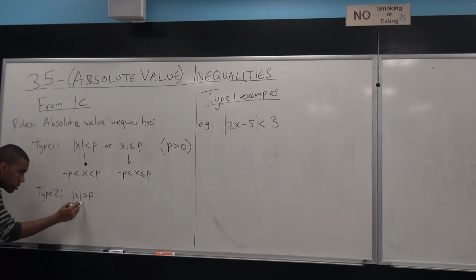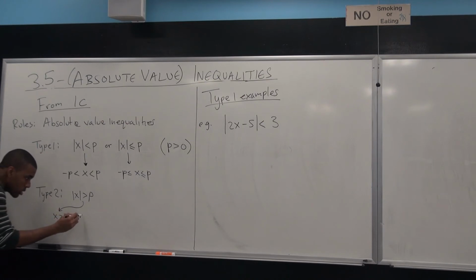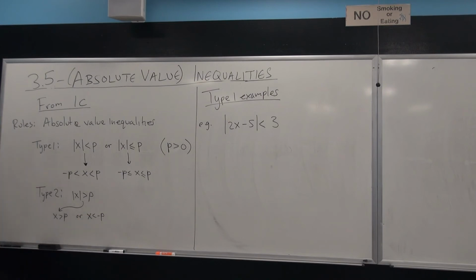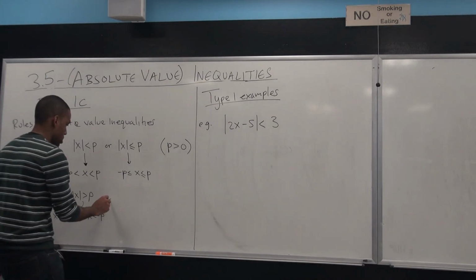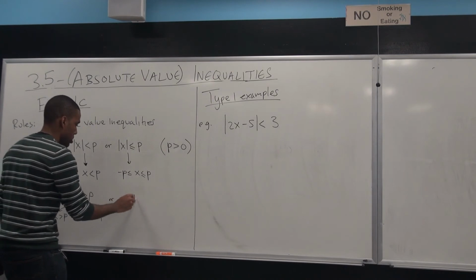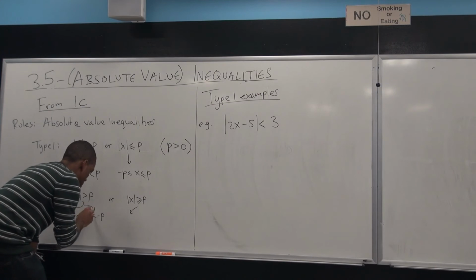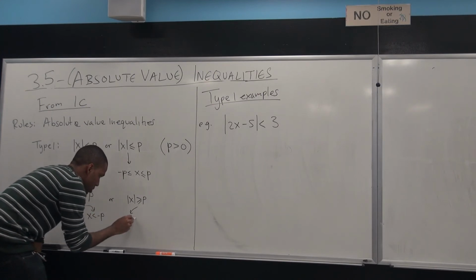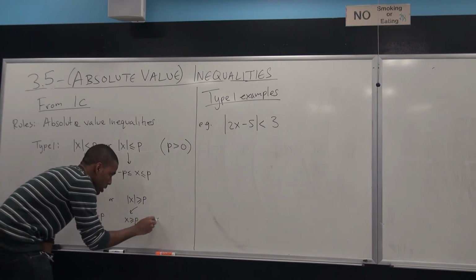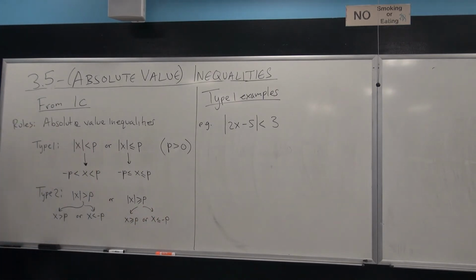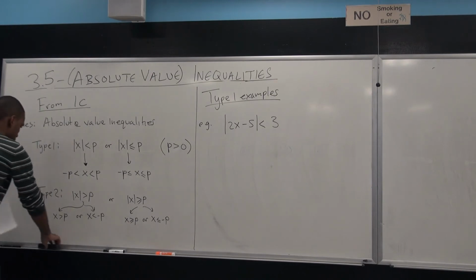This would mean two things though. This you'd have to break up into two inequalities, either this or this. So this is x greater than or equal to p, or x less than or equal to minus p. I'm going to show you how these two cases work with these examples.